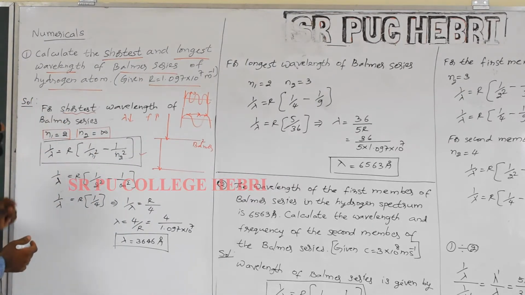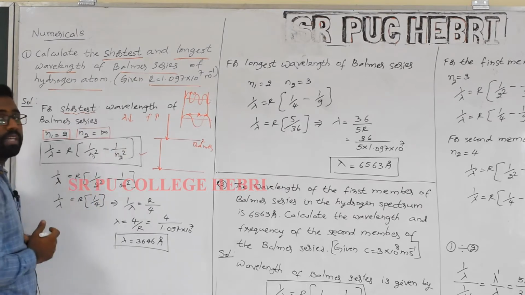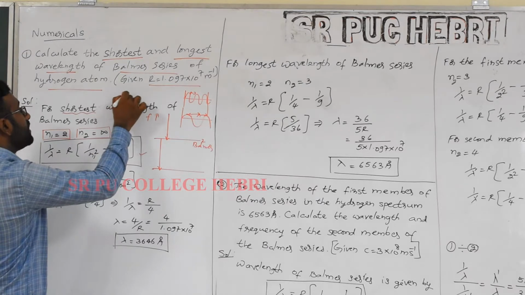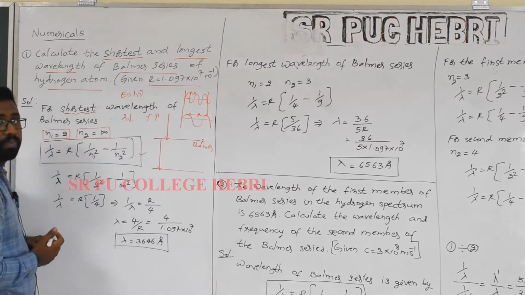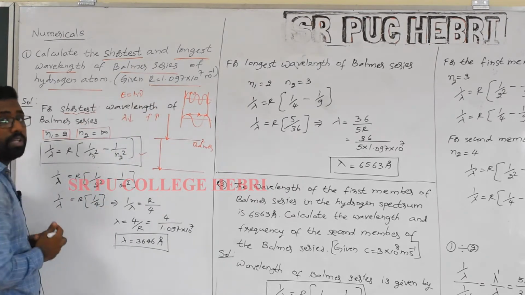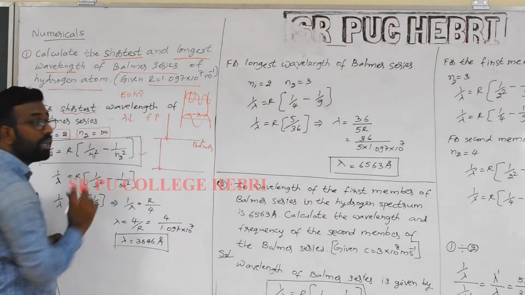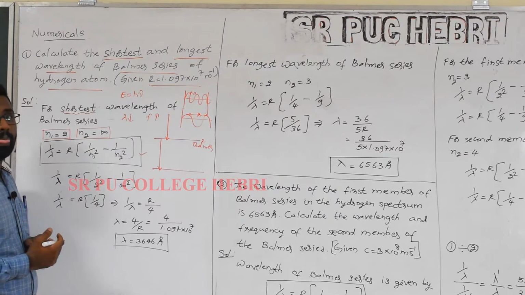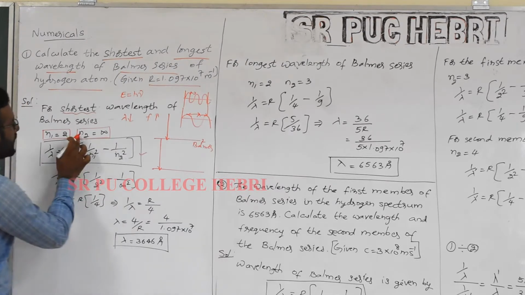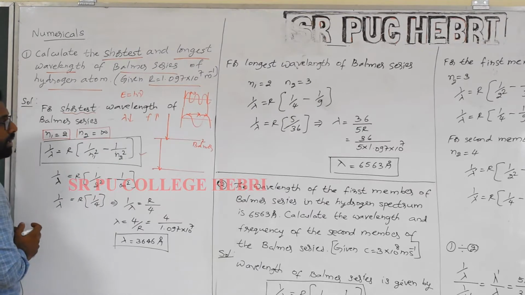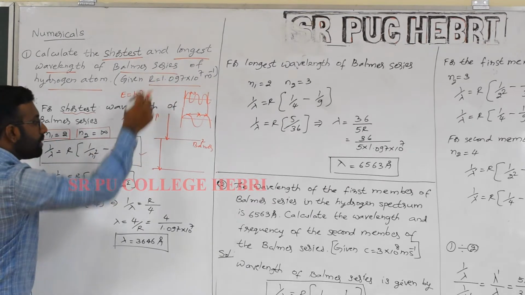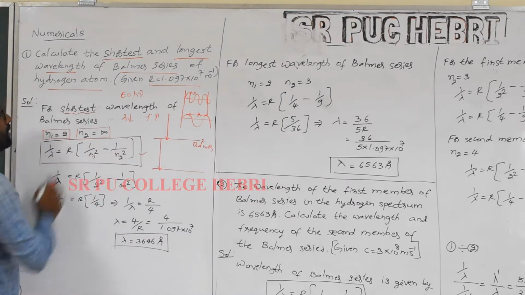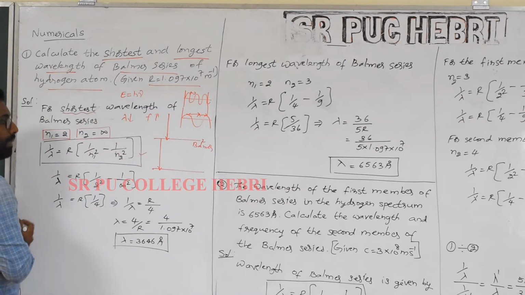When you want the shortest wavelength, there should be the highest frequency or highest energy. Why? You have the relation E is equal to h nu; energy is proportional to frequency. That's the reason we take N2 as infinity. An atom de-exciting from infinity to the second level will give the shortest wavelength of Balmer series.